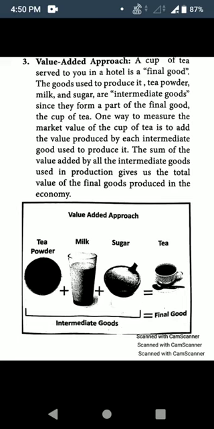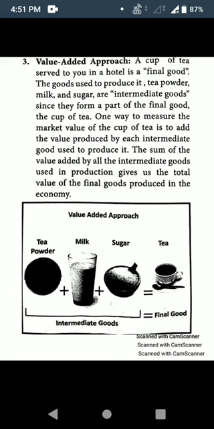So one way to measure the market value of a cup of tea is to add the value produced by each intermediate good used to produce it. The sum of the value added of all the intermediate goods used in production gives us the total value of the final goods produced in the economy. So from this picture, what did you understand? Value added approach: tea powder plus milk plus sugar gives tea, isn't it?